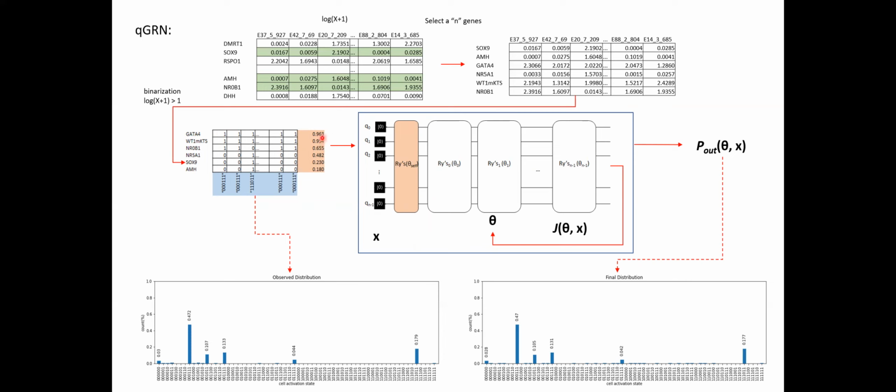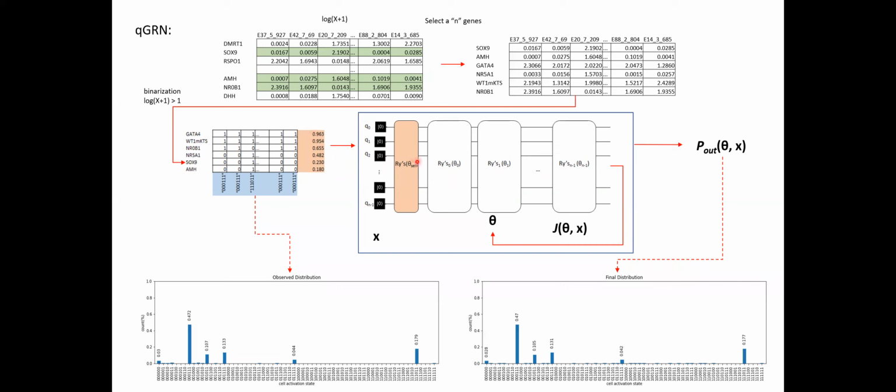Each qubit has an RY gate, and that gate rotates the qubit in order to get these output probabilities.